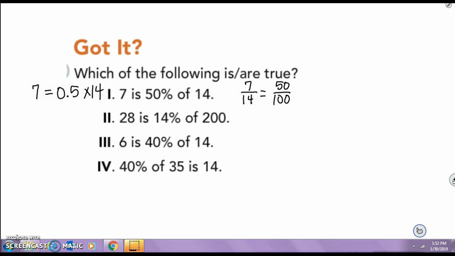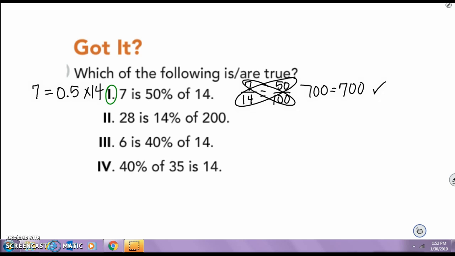If I cross multiply, 7 times 100 is 700, and 50 times 14 is 700. Since they're the same on both sides, I know that that is the correct solution. So number 1 is a true statement. 7 is 50% of 14.